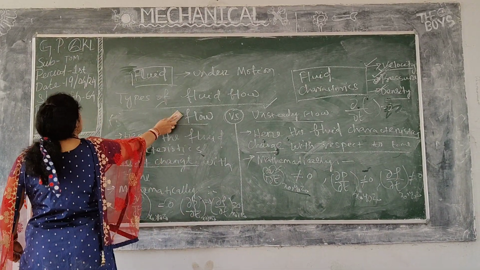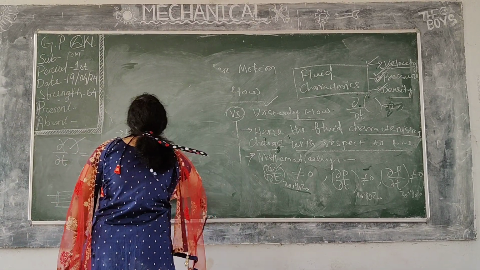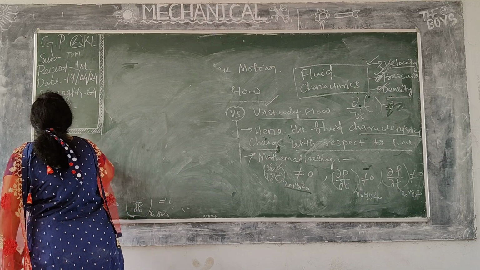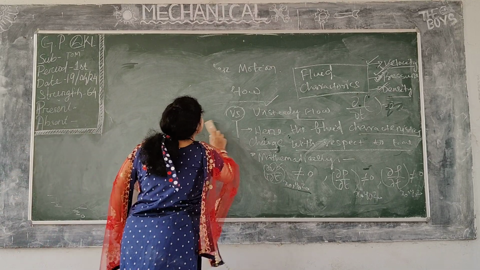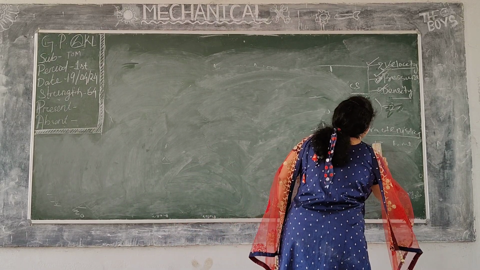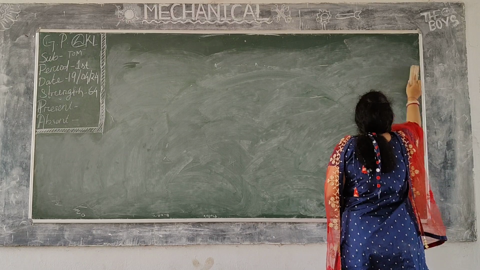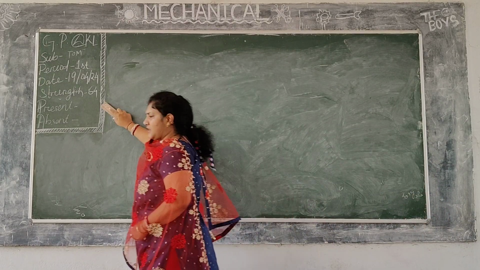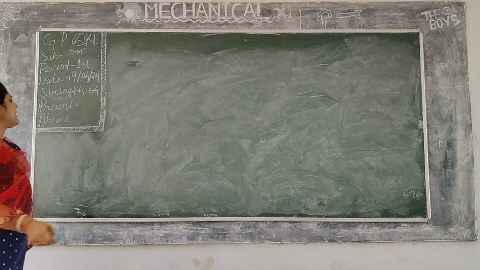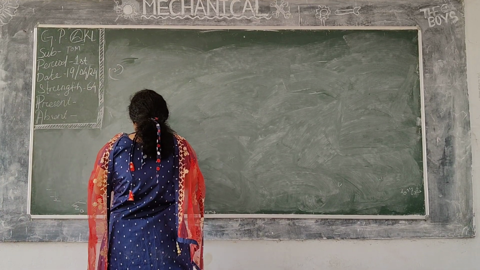Now we will go for the next type. This was type 1. Next we will go for type 2. What is the second type of fluid flow? Okay. One type we have studied here, that is steady and unsteady. Now the second type of fluid flow. What is the second type?